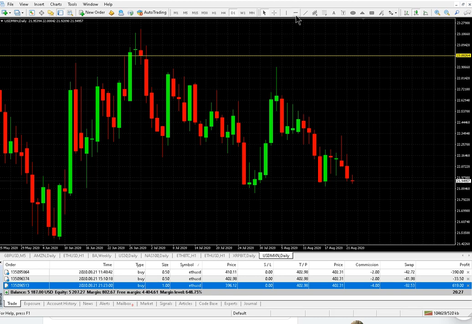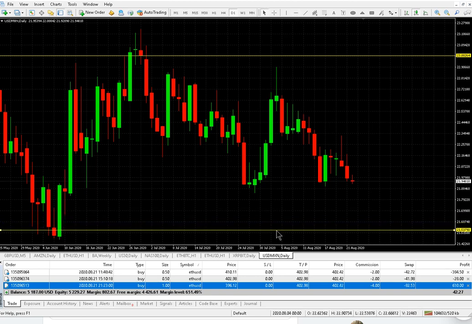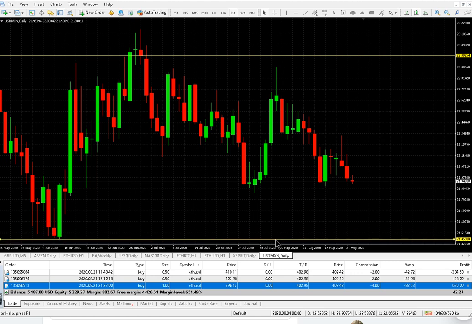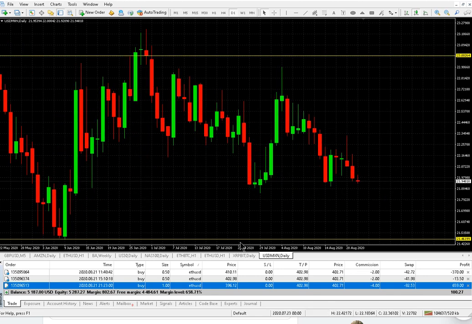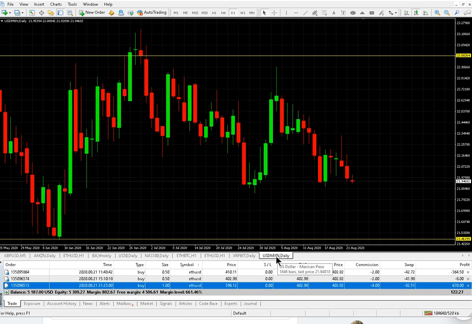Even though it doesn't sound right, because if this goes down, it's saying that the Mexican peso is strengthening. Because of the way the pair is arranged. So if the symbol was changed around, then the United States dollar would be priced by Mexican pesos. And sometimes they do that. It just depends on the broker.